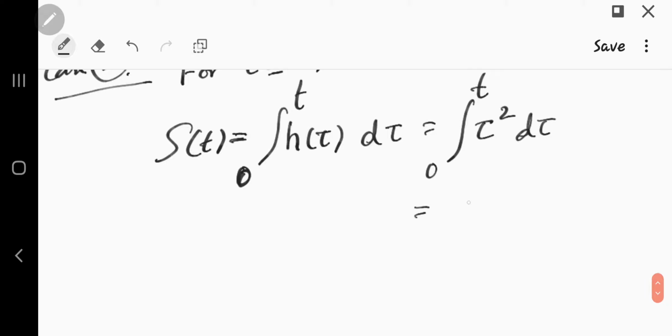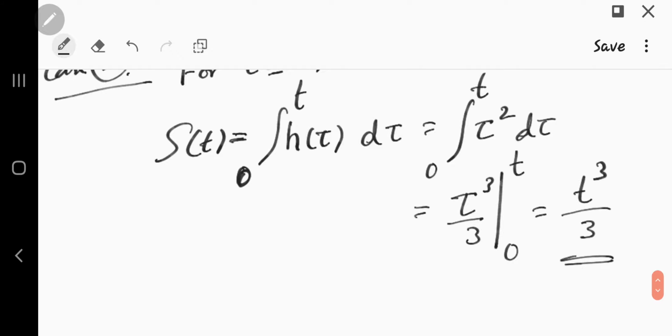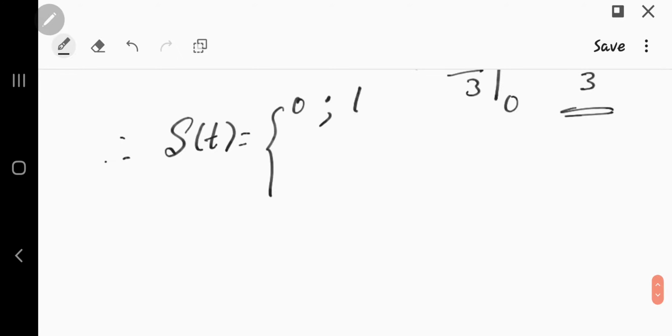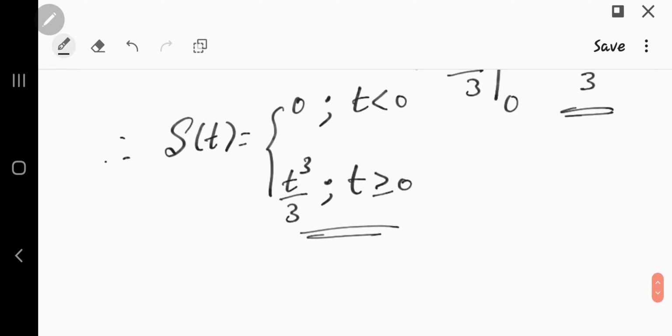If you integrate this, it will be tau cube by 3, with limit varying from 0 to t. If you apply the limit, you will get t cube by 3. Therefore, we can summarize this way: s of t is equal to 0 for t less than 0, and it is equal to t cube by 3 for t greater than or equal to 0.